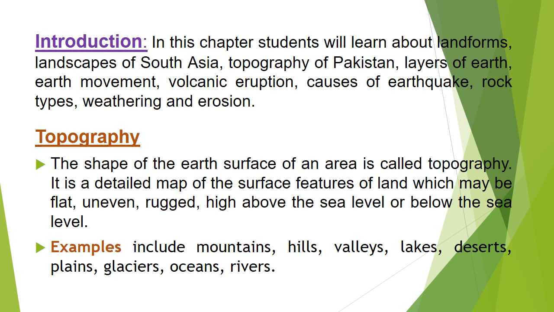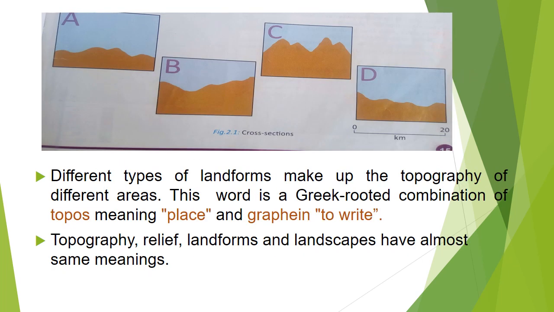So the landforms or the topography include mountains, plains, plateaus, deserts, valleys, glaciers, oceans, rivers, lakes, forests, etc. The landforms may be flat, uneven, rugged, high above the sea level or below it.